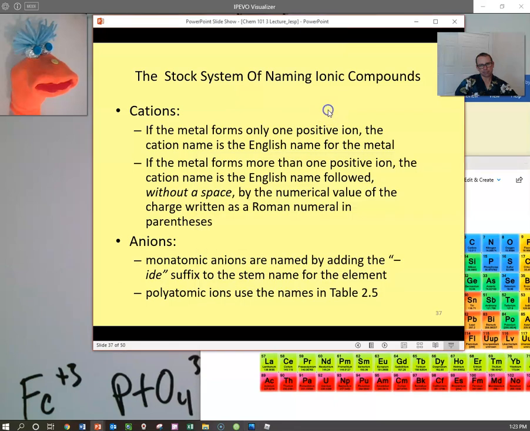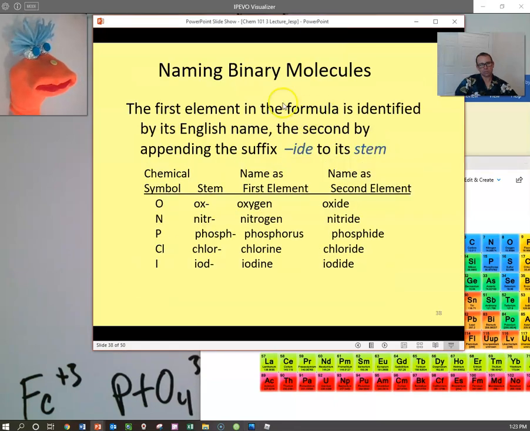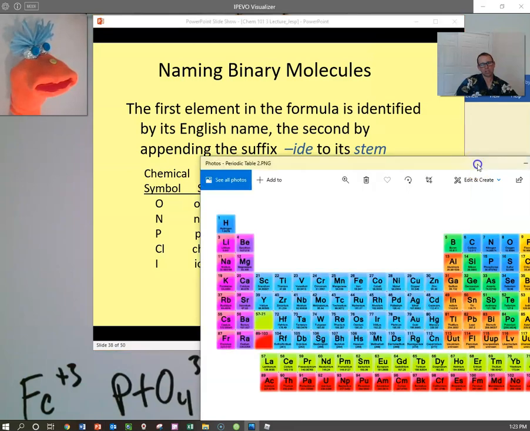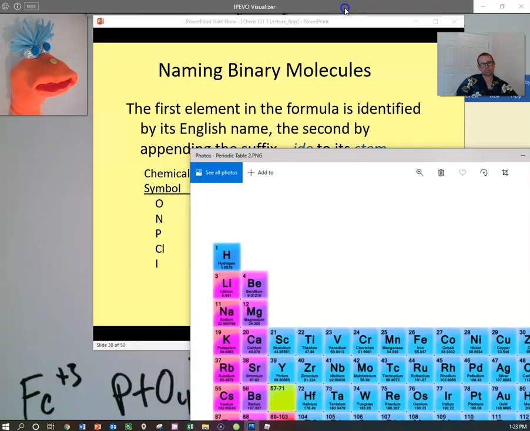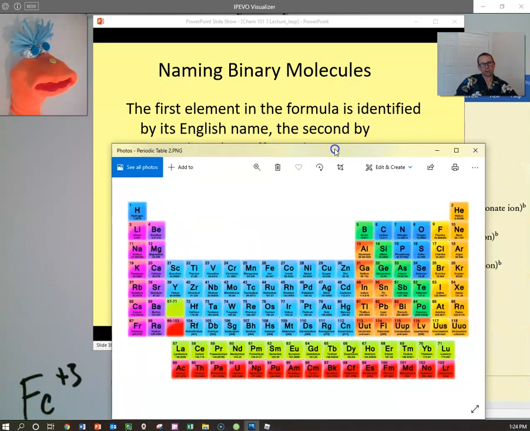Also, binary molecules. Now the word binary means there are only 2 different kinds of elements. With binary molecules, the ending of oxygen, nitrogen, phosphorus, chlorine always goes to ide. Nitride, phosphide, chloride, iodide. And we already mentioned that as well, right? All right, very good.